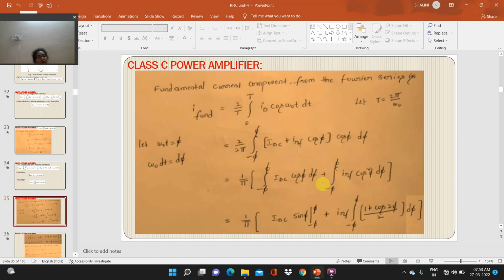The 2 cancels, and the equation remains as 1 by pi integral from minus phi to phi of IDC cos phi d phi plus integral from minus phi to phi of IRF cos square phi d phi, which is written as 1 by pi of IDC sin phi from minus phi to phi plus IRF integral from minus phi to phi of 1 plus cos 2 phi by 2 d phi.